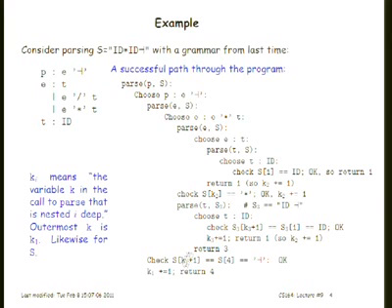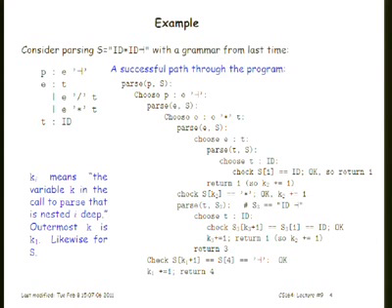And so we will have consumed the first 3 tokens, ID star ID. At that point, we come back to the P, E followed by end of file. And yes, we do have an end of file now, so it succeeds. So this is a path through the parser that succeeds.